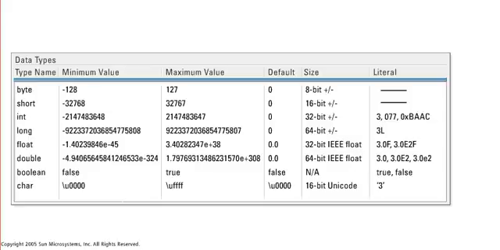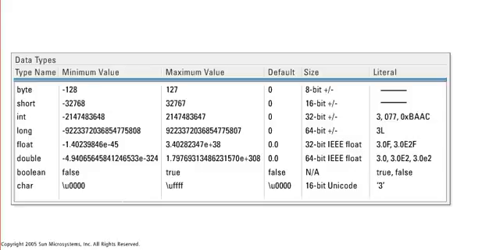Now the short takes up 2 bytes of memory and can hold values from approximately -32,000 to +32,000. The int takes up 4 bytes of memory and can hold values from around -2 billion to +2 billion. And the long data type is the biggest integer data type, and it takes up 8 bytes of memory and can hold from around -9 quintillion to +9 quintillion, give or take a quintillion.